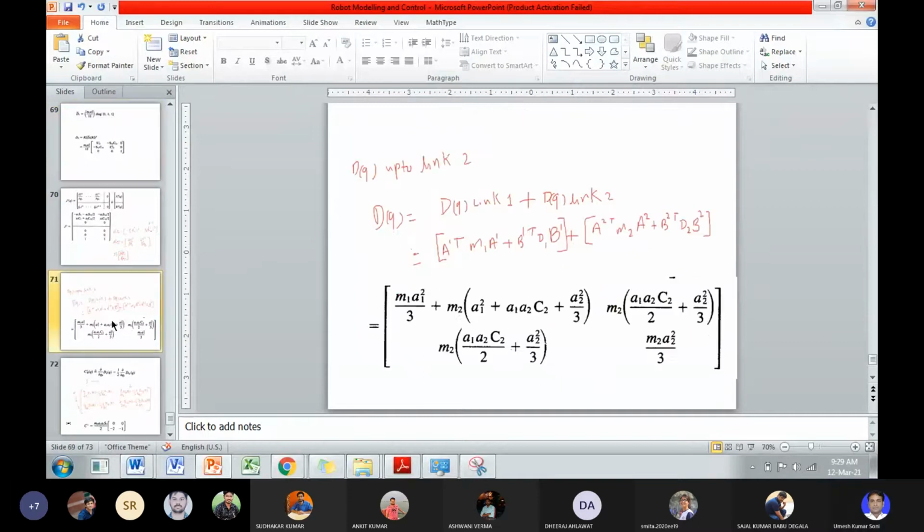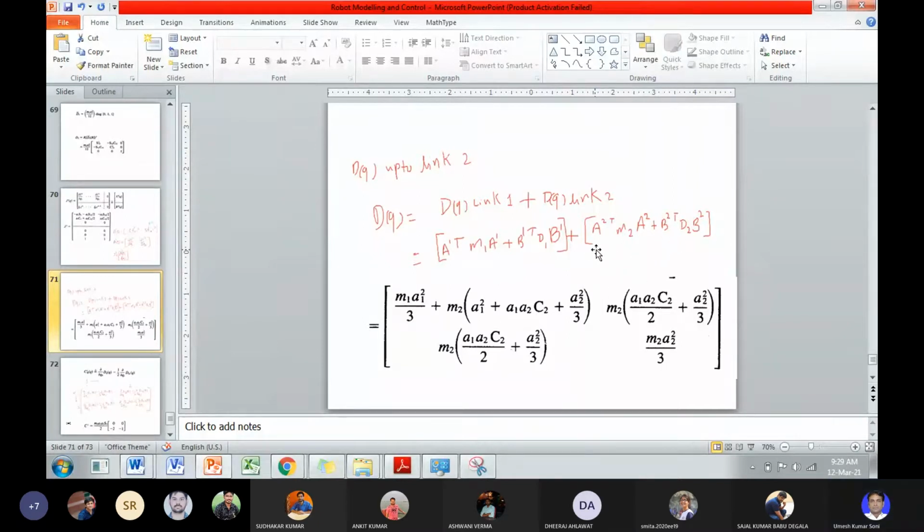So for determining the previous d1 cube you have determined using the d1, m1 and a1 of Jacobian matrix 1 or b1 of Jacobian matrix 1. Here this is a of Jacobian matrix 2 and this is b of Jacobian matrix 2.